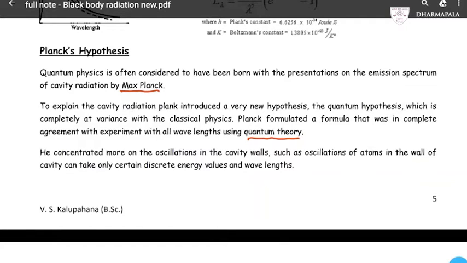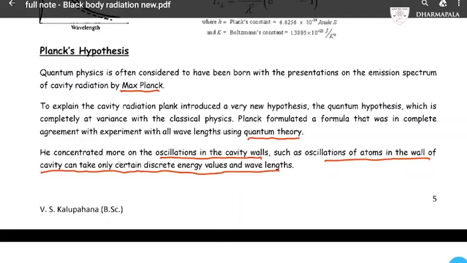Max Planck is the inventor of quantum theory, and it's a completely new theory with new views to explain the oscillations of the atoms and how the energy is absorbed and how it is released. He mentioned that oscillations of atoms in the wall of the cavity can take only certain discrete energy values and wavelengths.